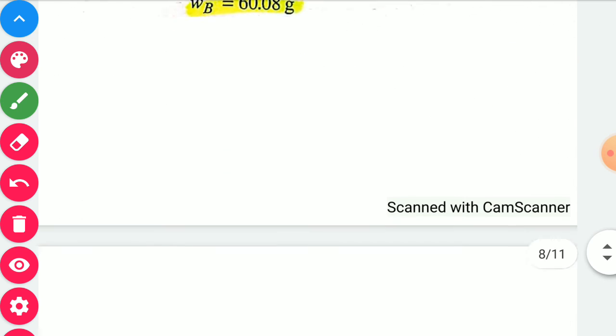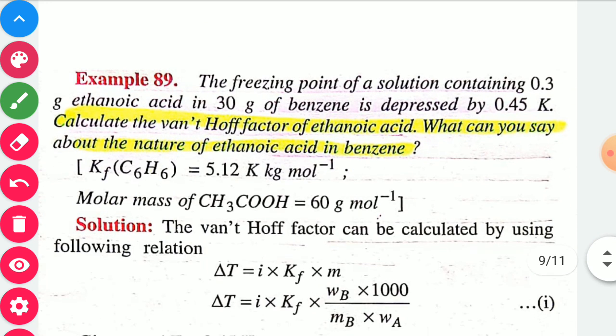Now next question. The freezing point of a solution containing 0.3 gram ethanoic acid in 30 gram of benzene is depressed by 0.45 Kelvin. Calculate the van't Hoff factor of ethanoic acid. Ethanoic acid means acetic acid.